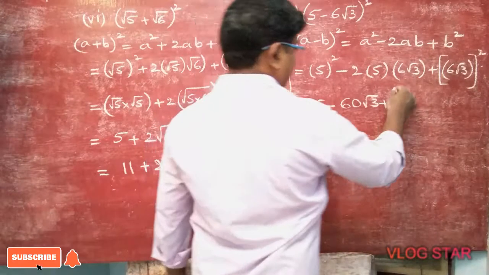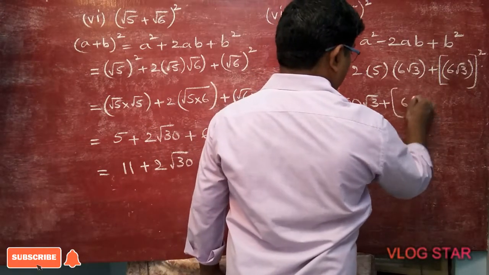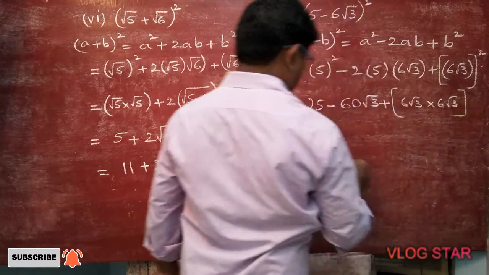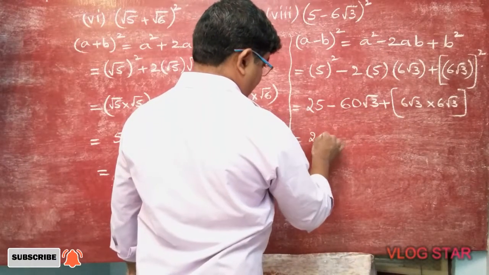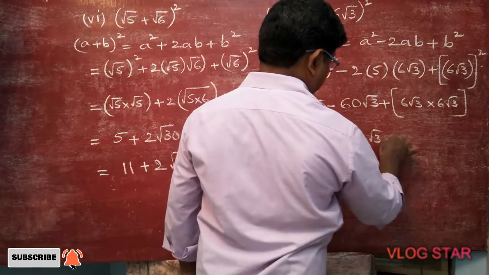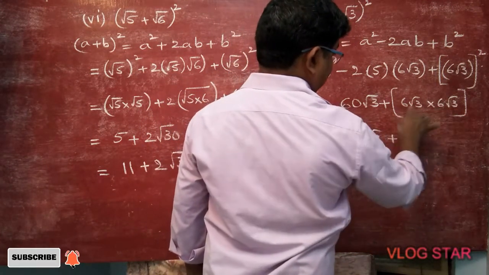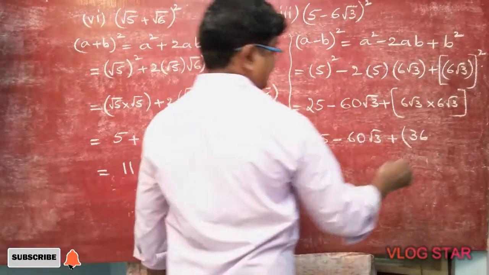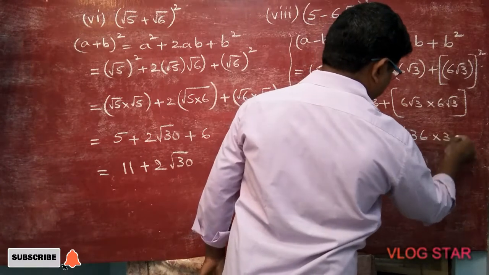Plus 6 root 3 into 6 root 3. That is equal to 25 minus 60 root 3 plus, 6 into 6, 6 6s are 36, root 3 into root 3 is 3.